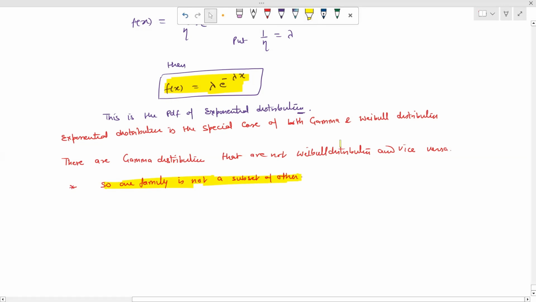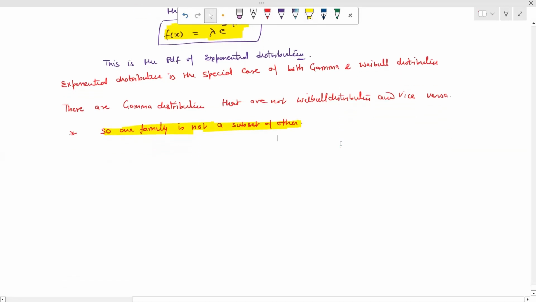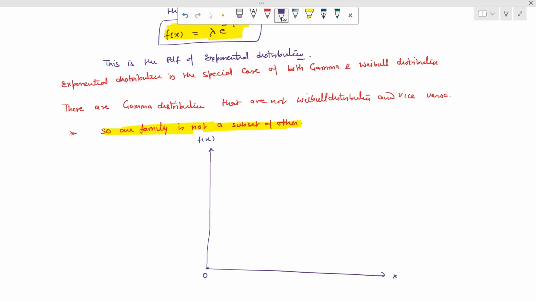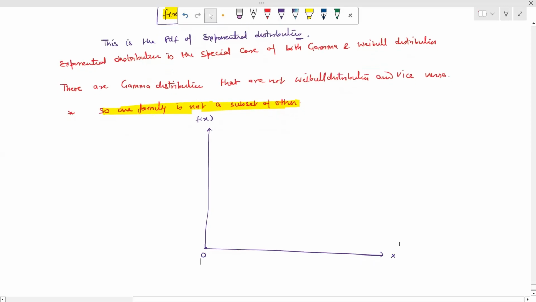Now, when we explain this Weibull distribution using a graph, we are drawing the graph so you can understand. Here we take the x-axis and y-axis. We take the x value and y value, which we denote as f(x). This is our origin. Because we use 3 parameters here, we do not use the third parameter, that is the threshold parameter.